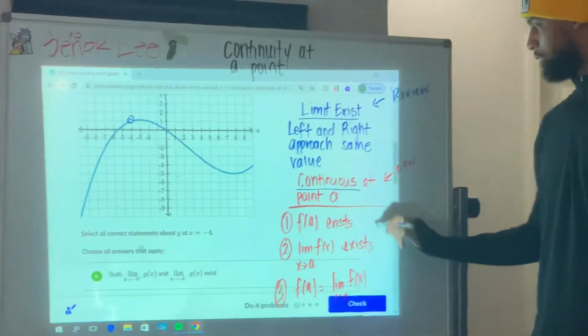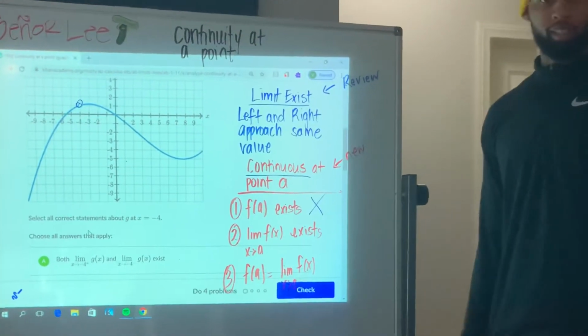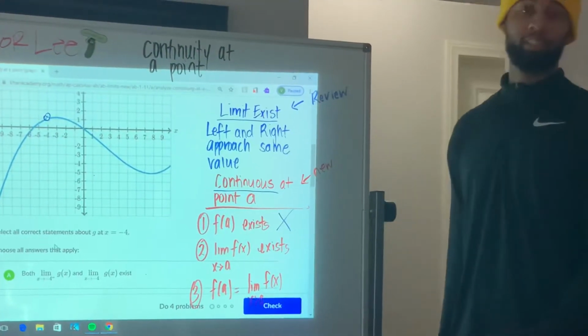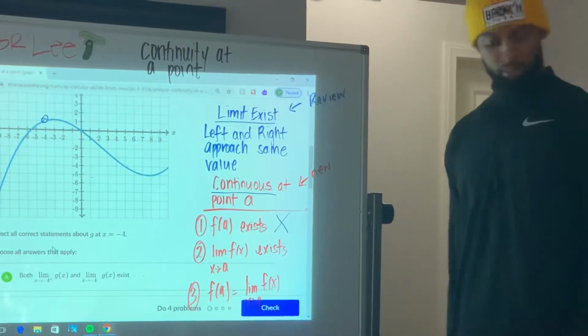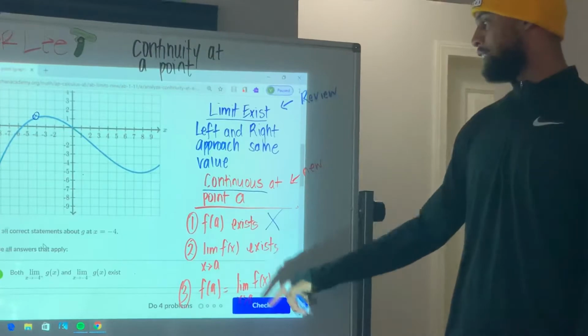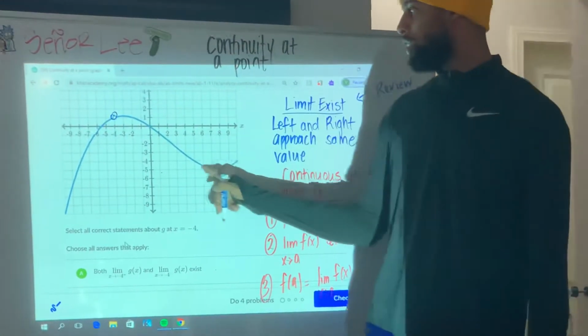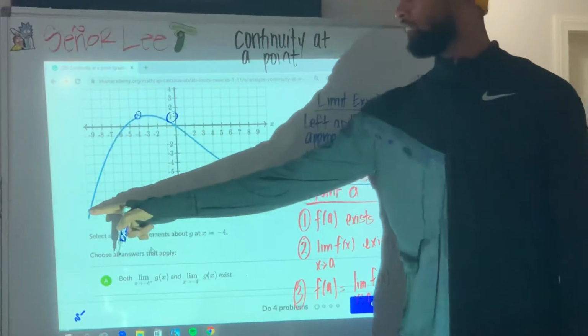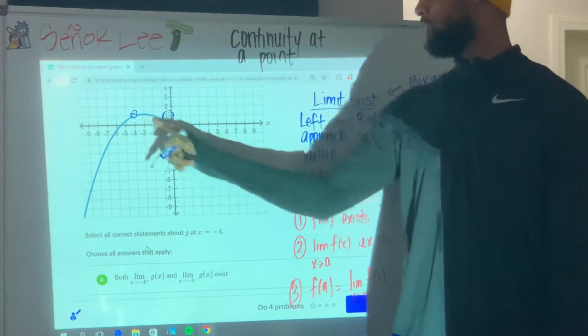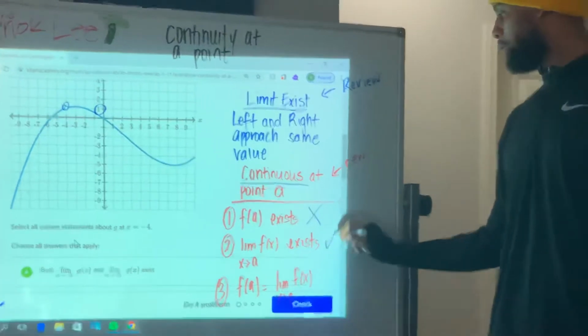It doesn't exist. We put an X right there. I already know it's not continuous because this wasn't true, but I'm still going to go through the rest. Did the limit exist? Yeah, we said the limit exists. The limit was actually 1, because from the left it went to 1, and from the right it went to 1. So I'm going to put a check.